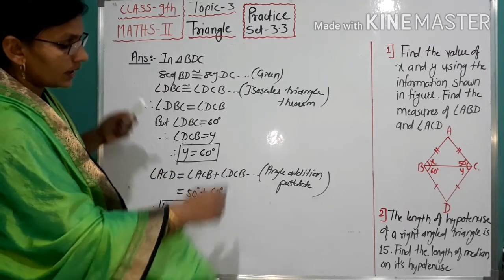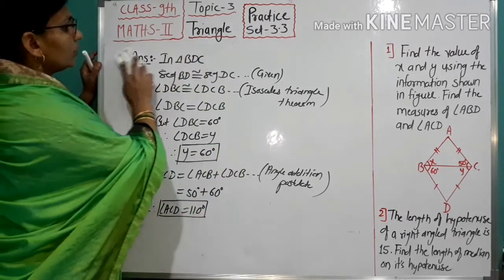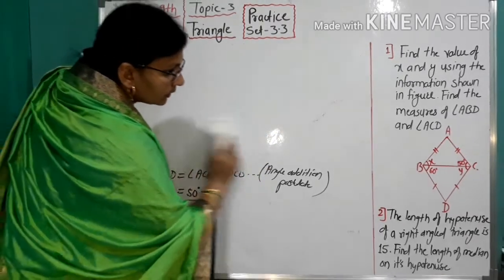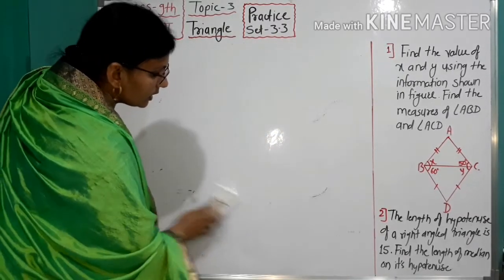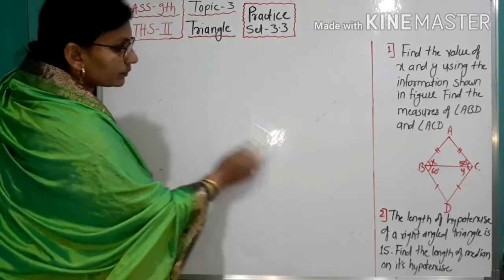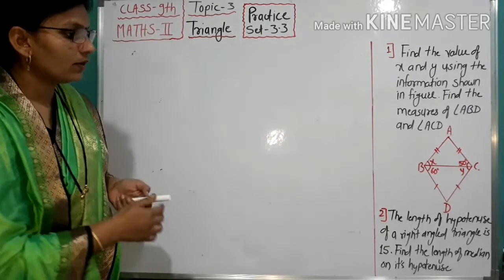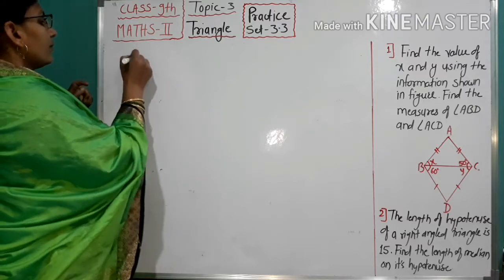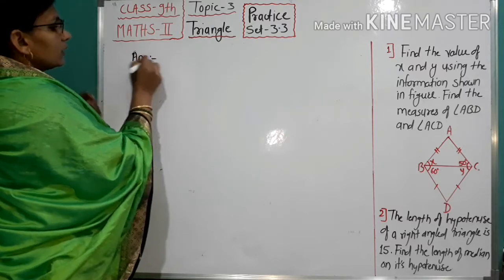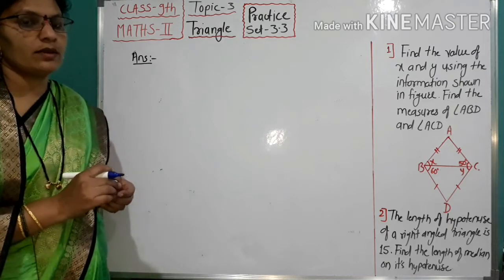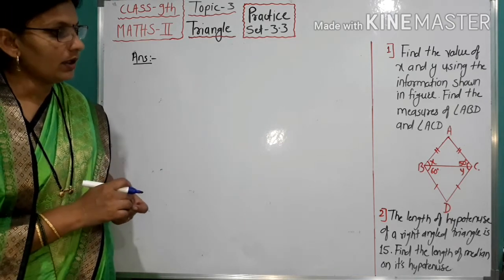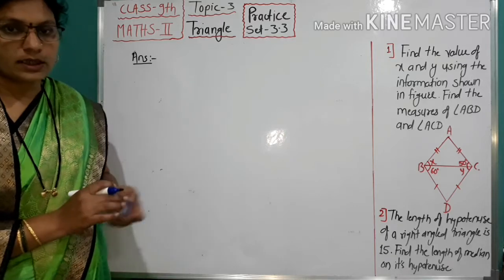Then, let us see example number 2. The length of the hypotenuse of a right angle triangle is 15. Find the length of the median on its hypotenuse. We know the property of the median drawn on the hypotenuse of a right angle triangle. By using that property, let us solve this example.